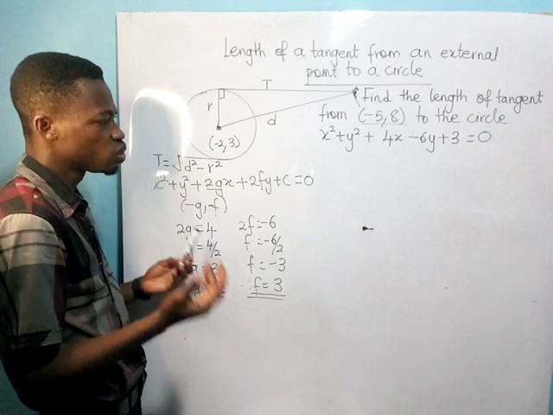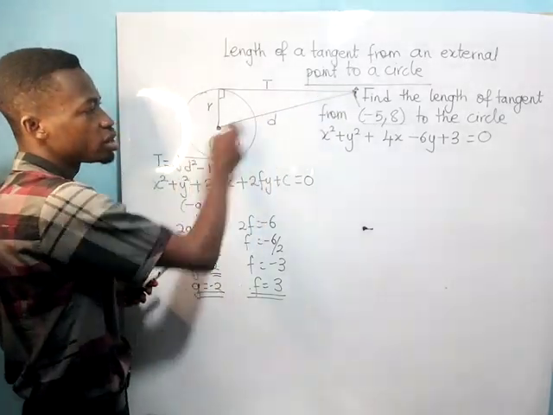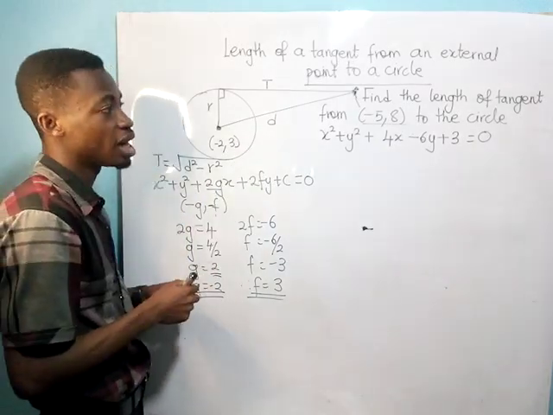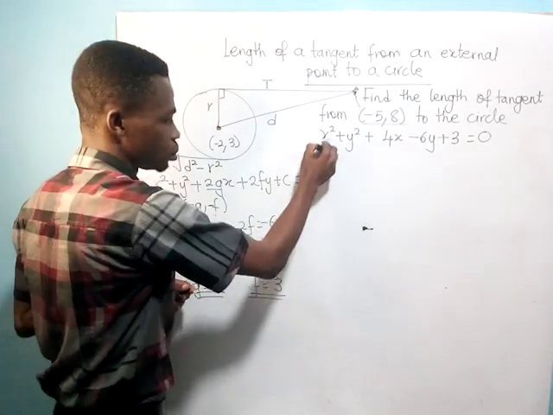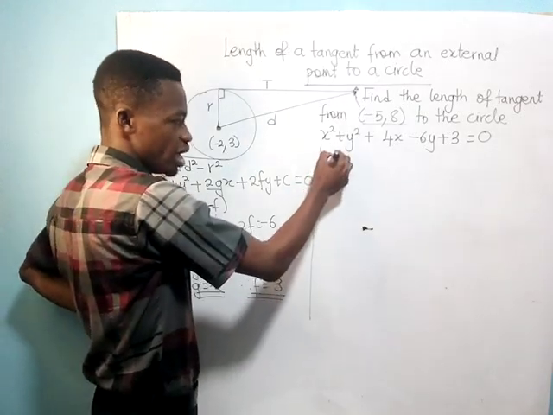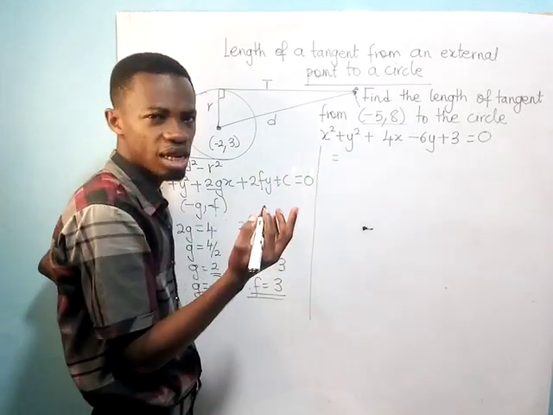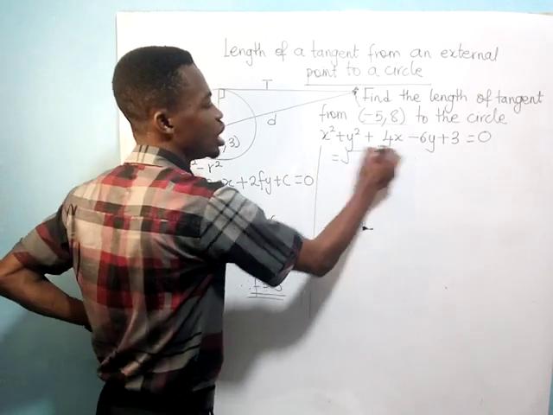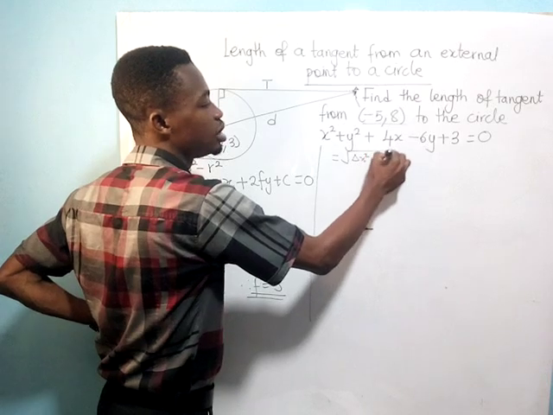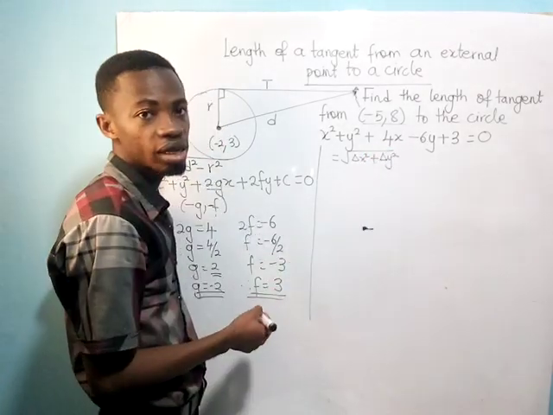So now, we can use these 2 points to find the length of D. Remember, the length of D is given from coordinate geometry as the square root of change in x squared plus change in y squared.